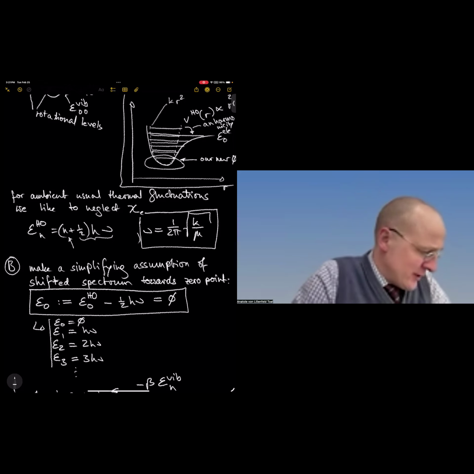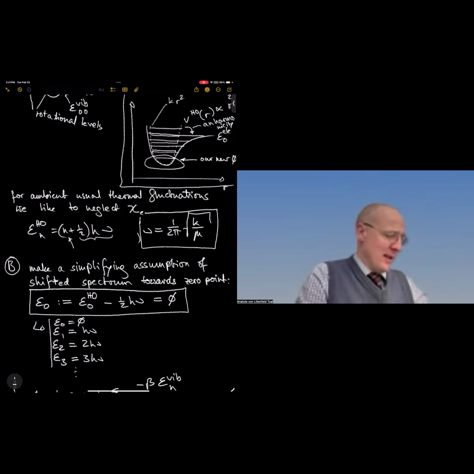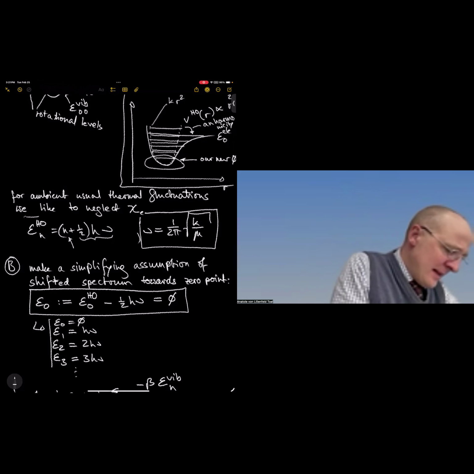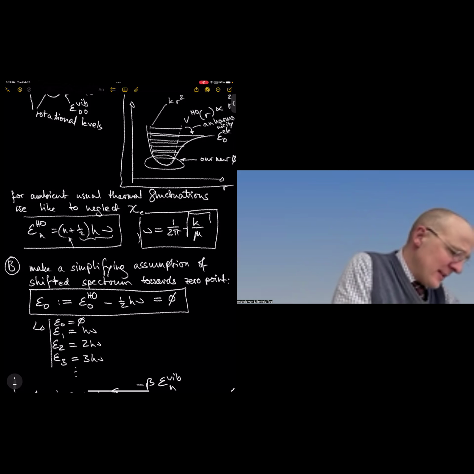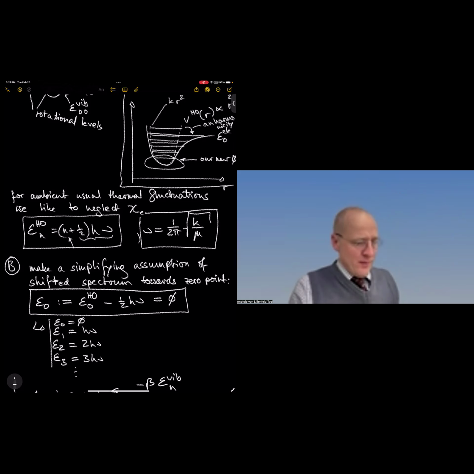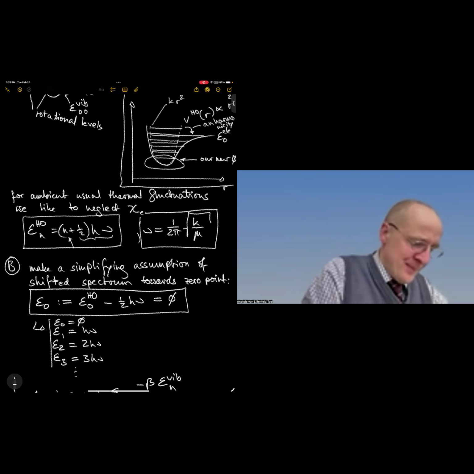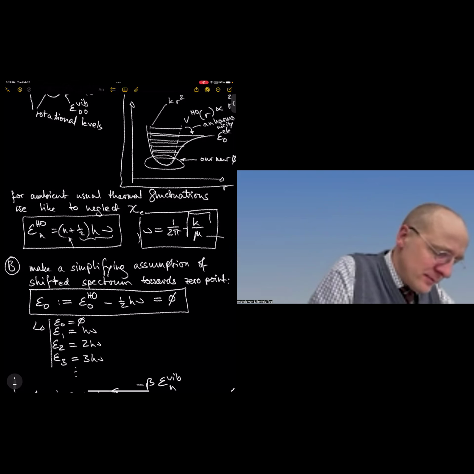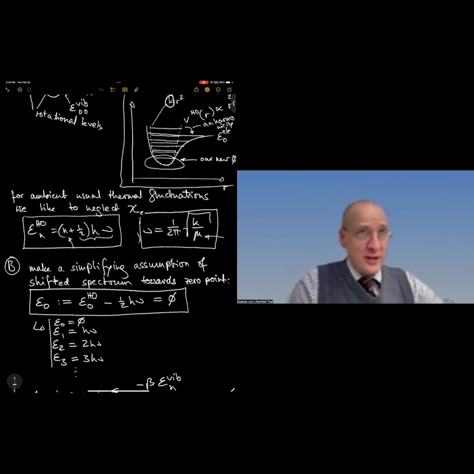We took the solutions for the vibrational Schrödinger equation, with the harmonic oscillator potential, with this parabolic potential, where nu has to do with the effective mass and with the force constant of the potential you're using for your spring. Okay.